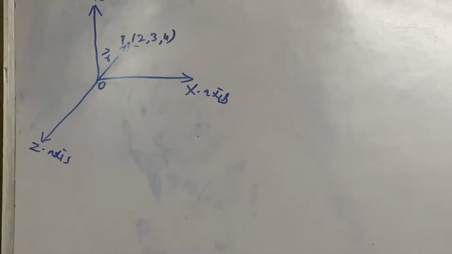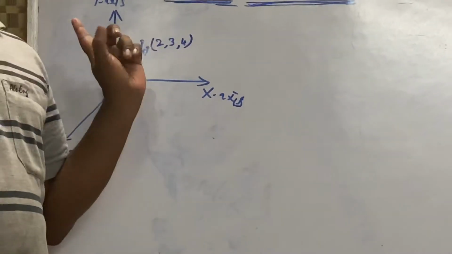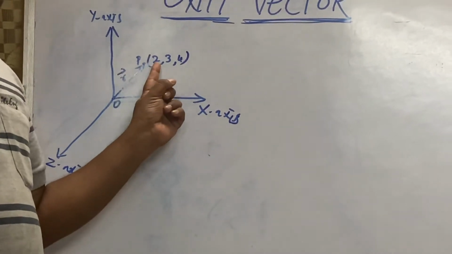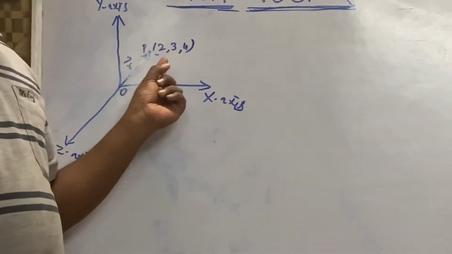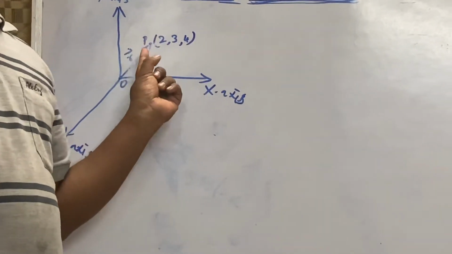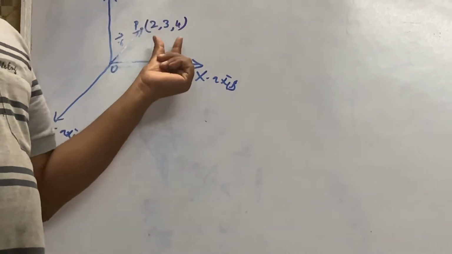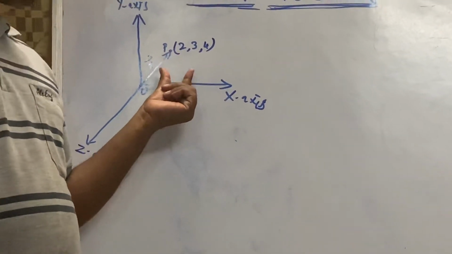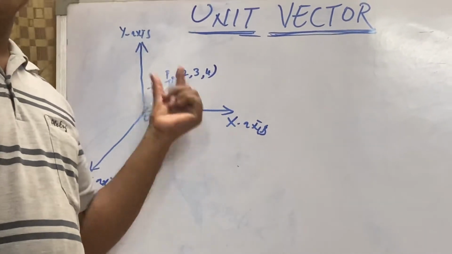We want to find out the unit vector of this position vector now. But before that, how do you write the component of this vector along the x-axis, y-axis and z-axis?